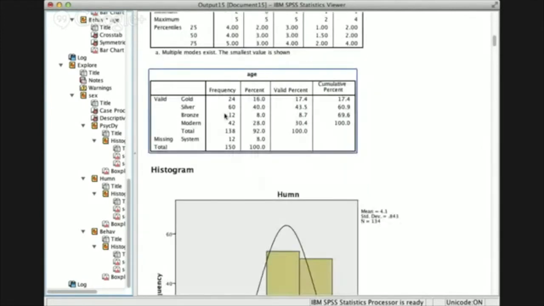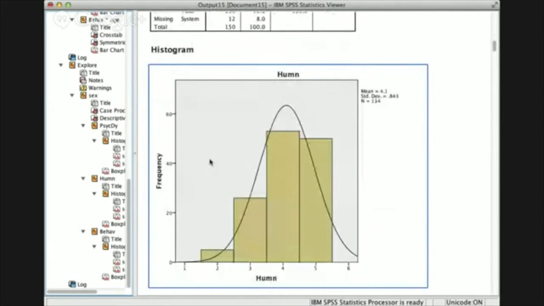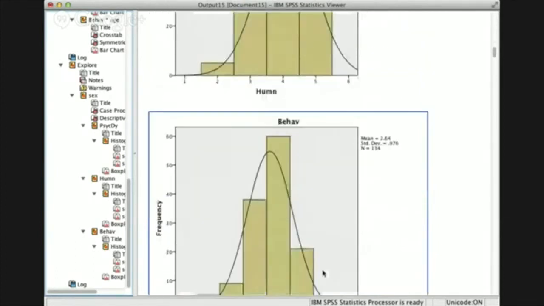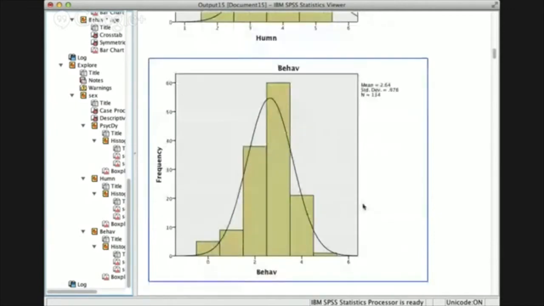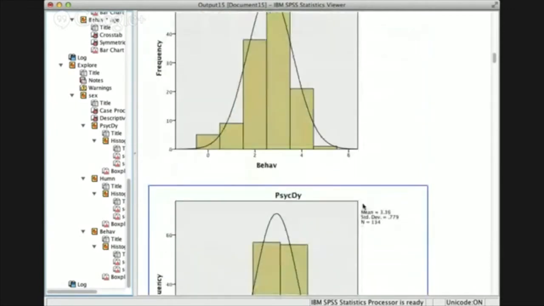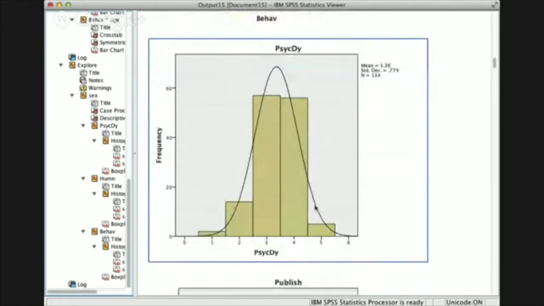So this is, again, just the frequencies. The humanistic model, out of all the models, had the highest number of villains meeting its criteria, about 4 or 5. The behavioral had a relatively normal curve, and I only ran 3 of the models because I figured it would take up too much time to do all 5.